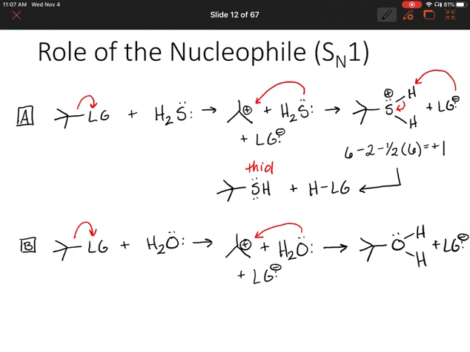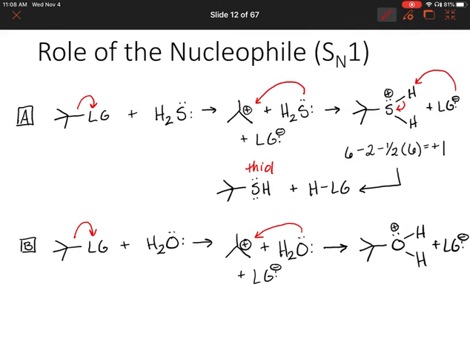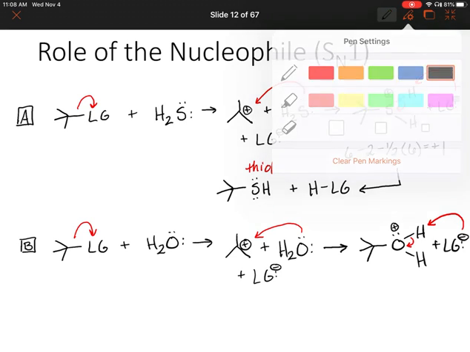Okay, so are there any formal charges on our first product? Yes, so similar to sulfur up above, oxygen would have a positive charge here. So in order to alleviate that positive charge, the leaving group, which is negatively charged, can grab onto a hydrogen. And then those shared electrons are left behind.